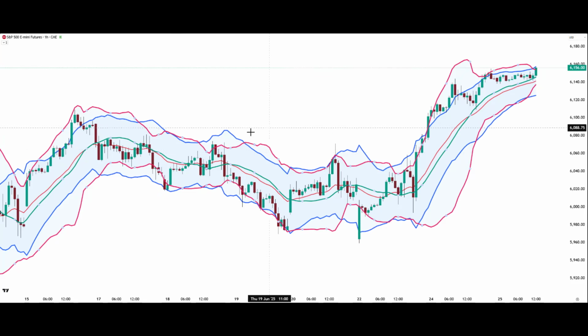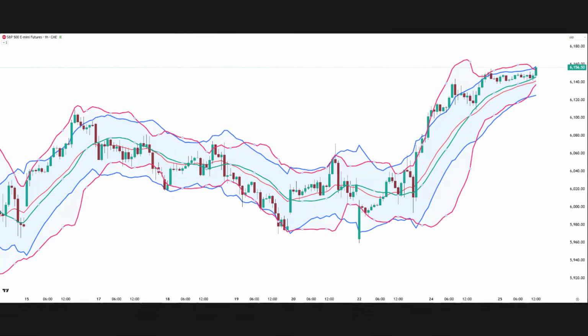There are strategies around putting these two together actually, using the Bollinger Band pinches and the Keltner band, so that's something else we can look into in another video. But let's just go through a table of why you would use a Keltner over the Bollinger Band.